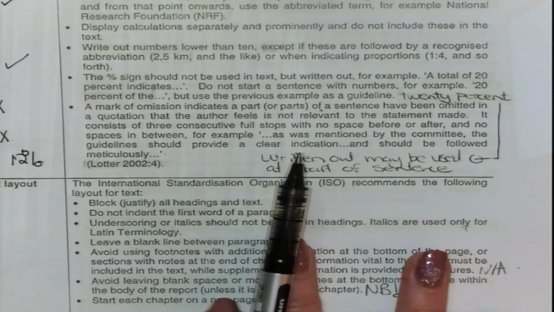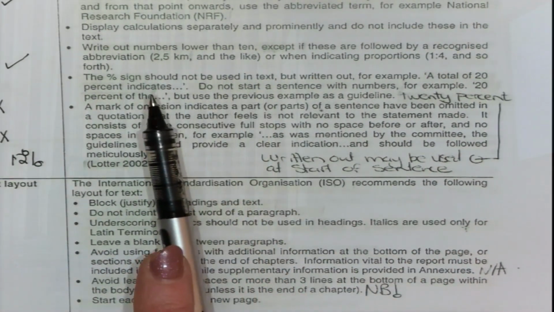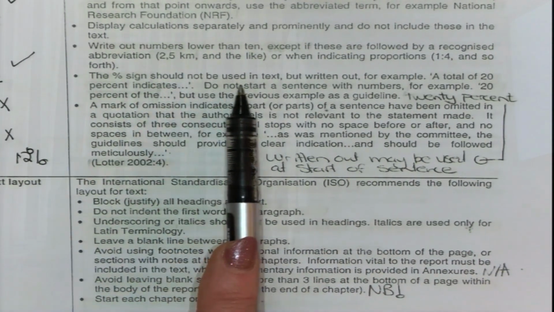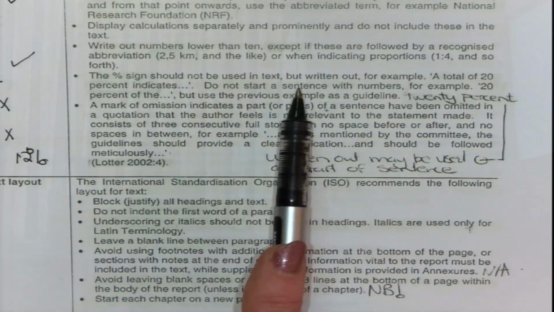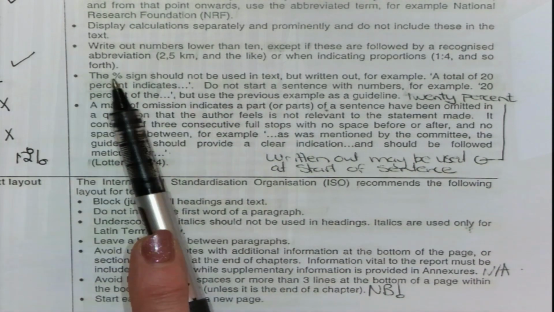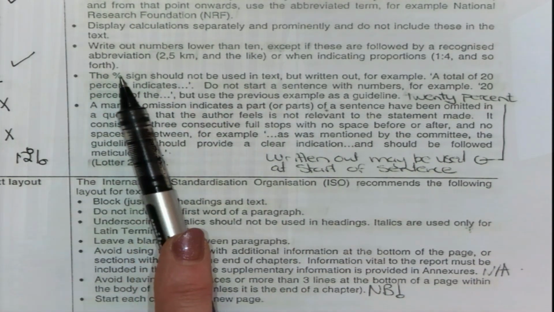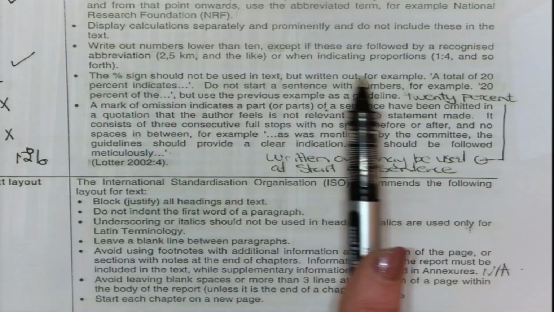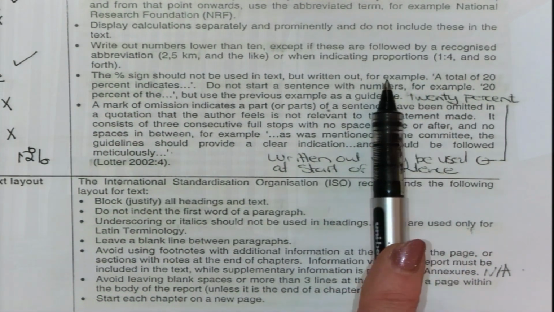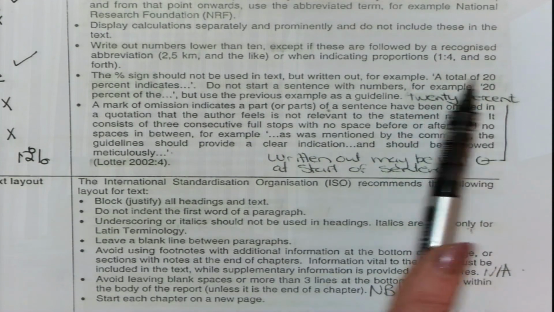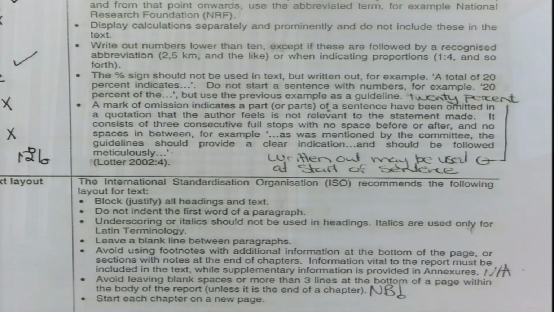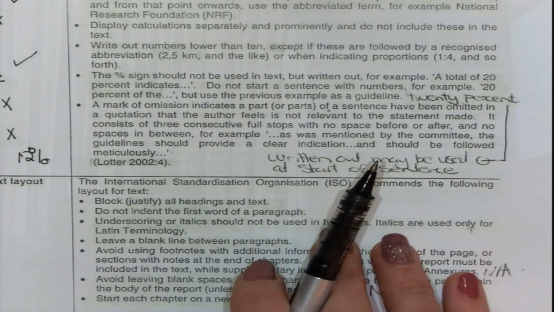They say here, and here we talk about the percentage. The percentage sign should not be used in text, except when we use it, you can't write it on its own like this. They recommend that you write a total of 20 percent increases. But sometimes in our results it's very difficult to write like this.